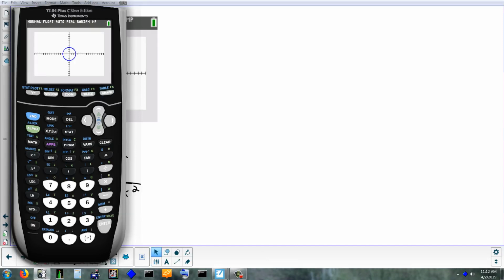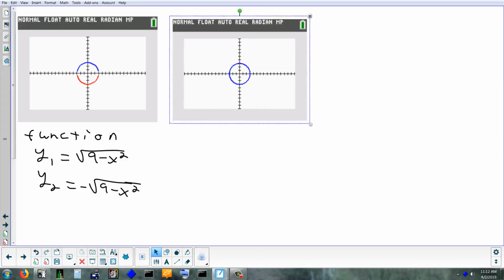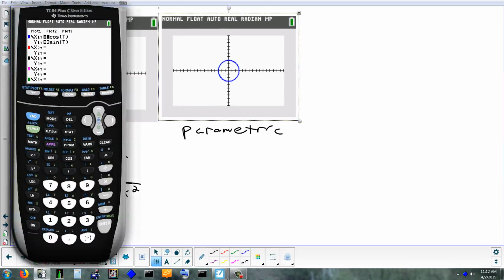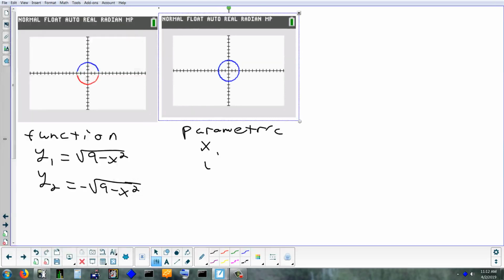And there's your circle of radius 3, done parametrically. We had an x1 and a y1. We're not putting two equations because we're drawing the top half and the bottom half separately. We're using two equations parametrically because one is for the x values, one is for the y values. So that was 3 cosine t, 3 sine t.